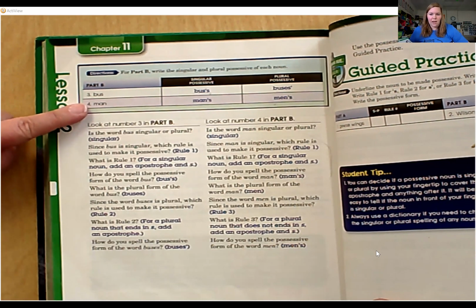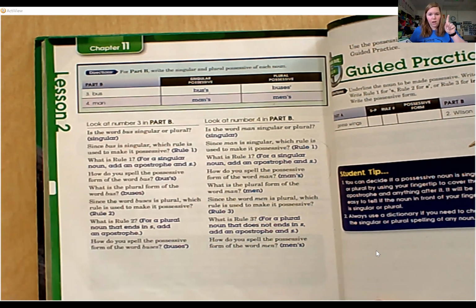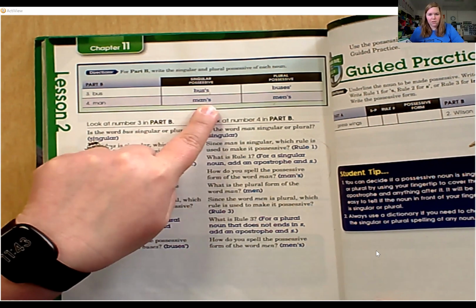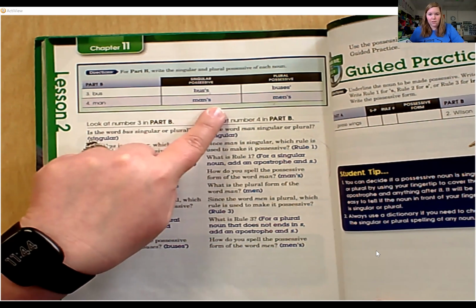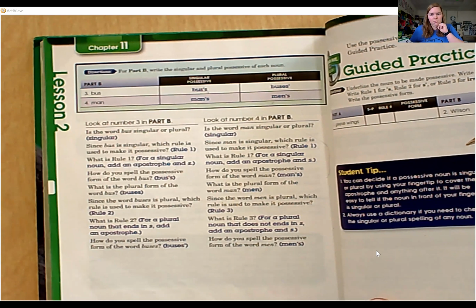Number 4 says man. Okay. Man is singular. So we use rule number 1, add an apostrophe S to make it possessive. Man's is M-A-N apostrophe S. What would be the plural form of man?